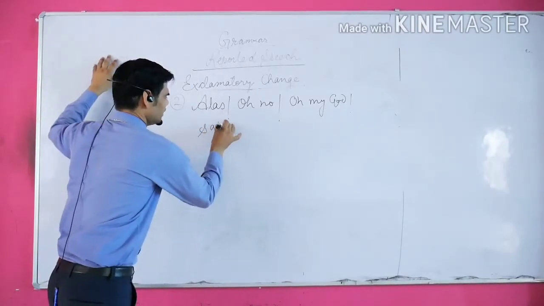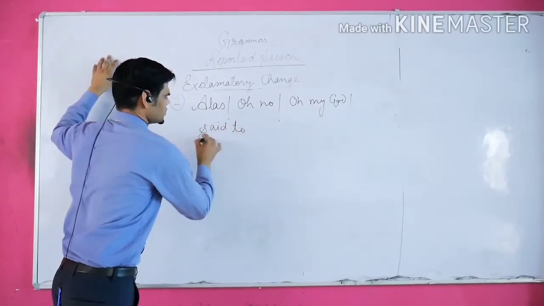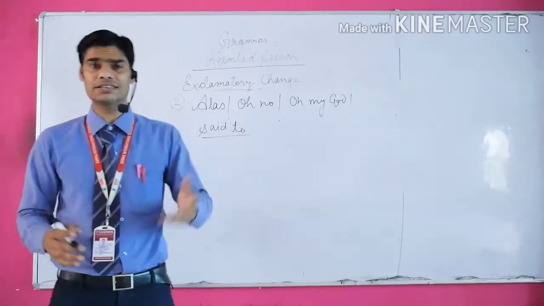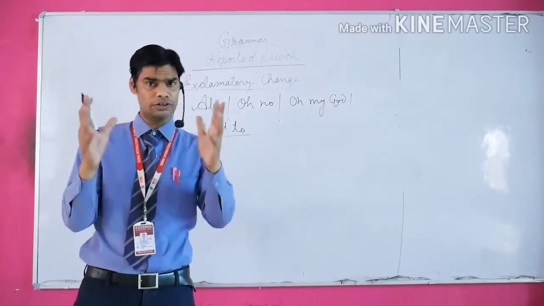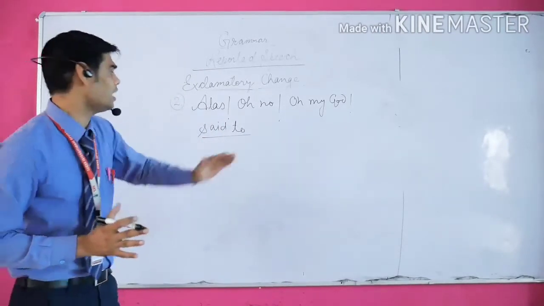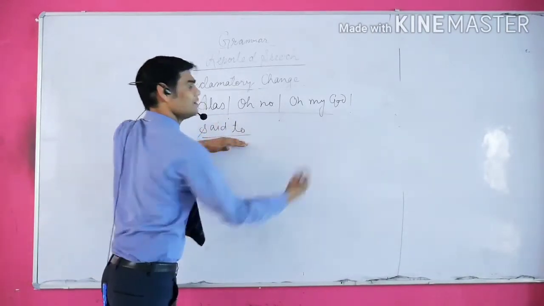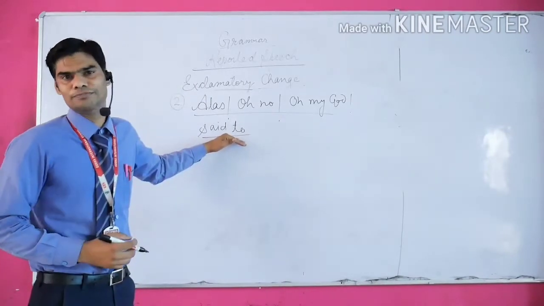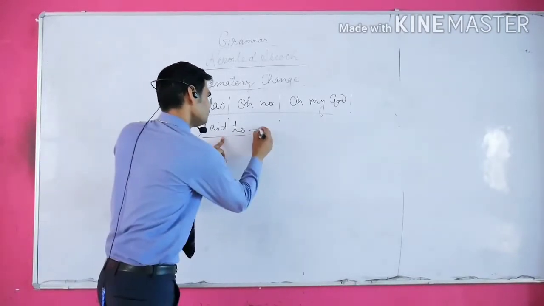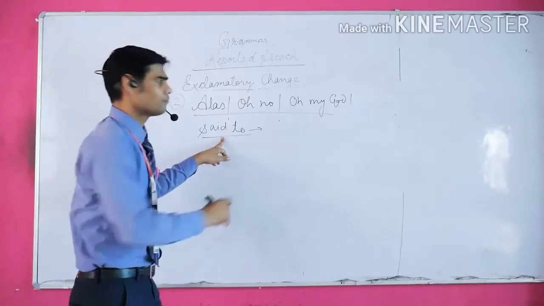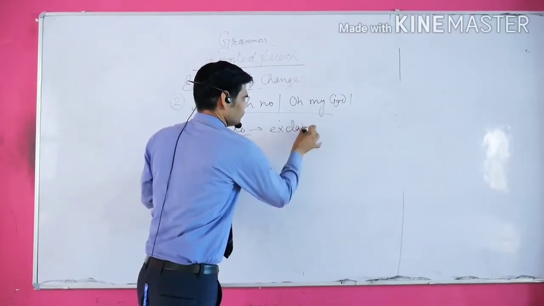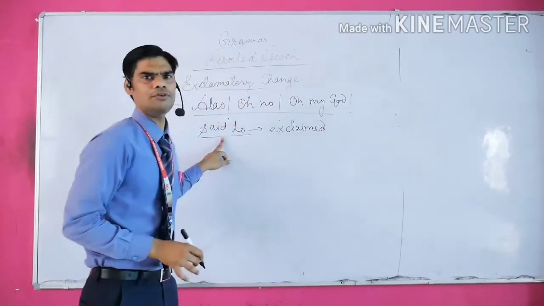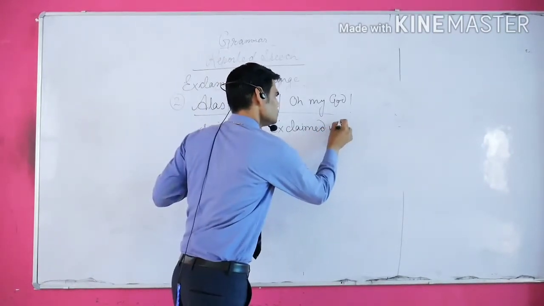Whenever we have such sentences in RS, as we have already discussed, RS is reported speech, the inverted commas sentences, the statement given in inverted commas. So in that sentence, whenever we have words which express sorrow, we will change said to exclaimed with sorrow.